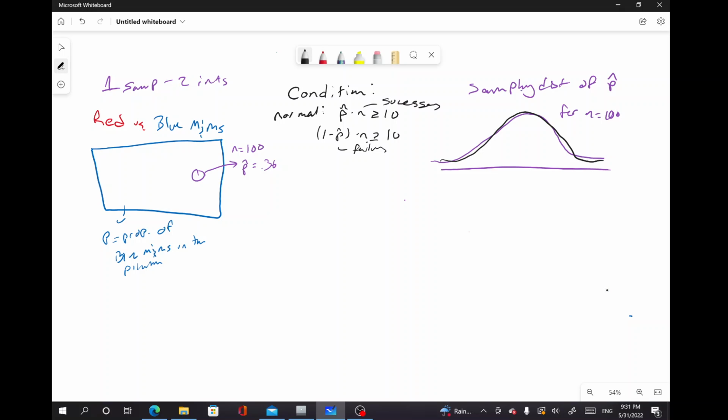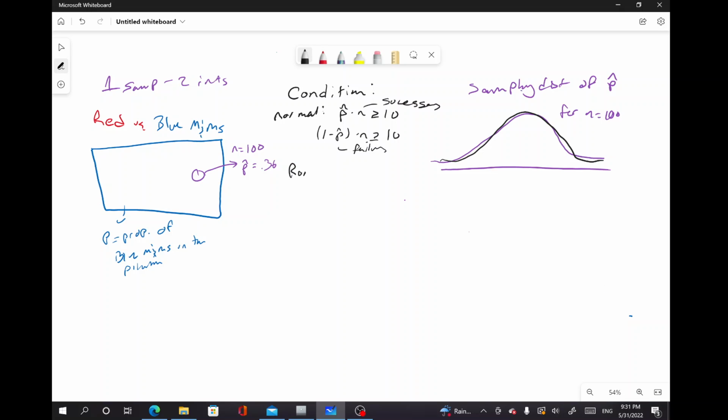We want to do this because if we don't have enough successes or failures, then it's going to skew our interval in a way that we don't want it to, and that'll mess with our data. So we just want to always make sure that these are true.